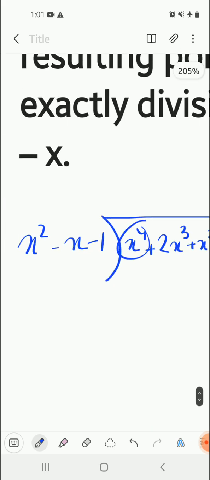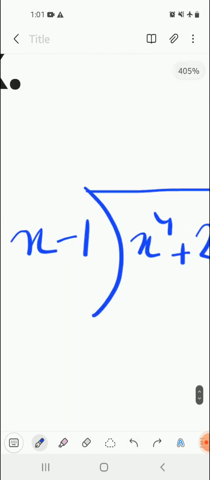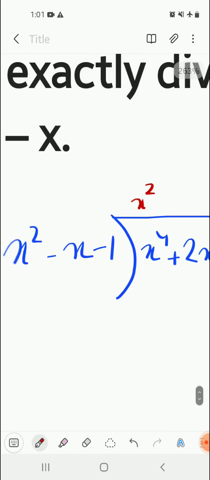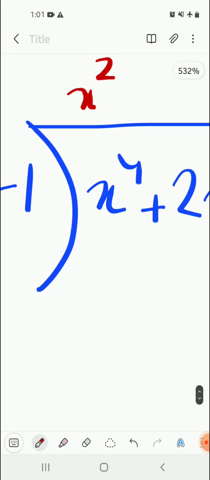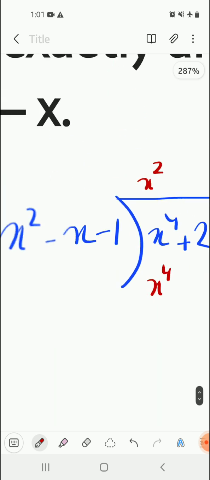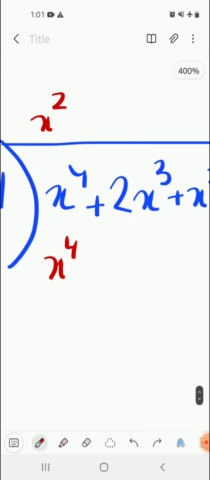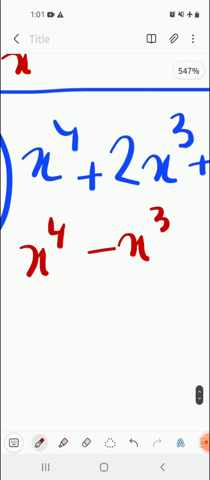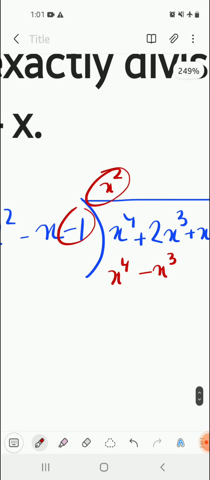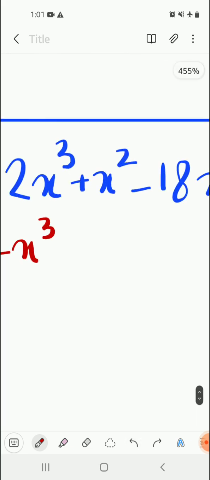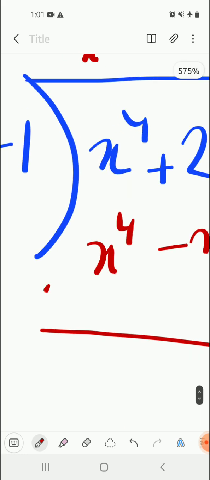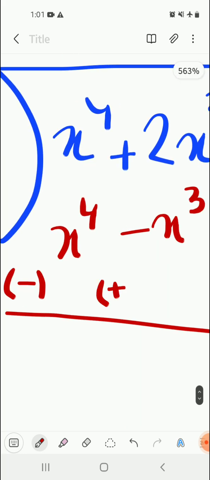Now, x to the power 4 and x square. So we are going to write x square. So x square into x square becomes x to the power 4. x square into minus x would become minus x cube. x square into minus 1 would become minus x square. That's it. Change the sign. This becomes negative. This becomes positive.